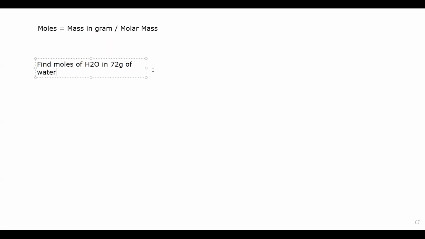So we have to find the moles of water in 72 grams of water. So again, first what we do, we'll write the formula: moles equal mass in gram divided by the molar mass. So we have the mass in gram. How much mass in gram is there for water? That's 72. But what about the molar mass?